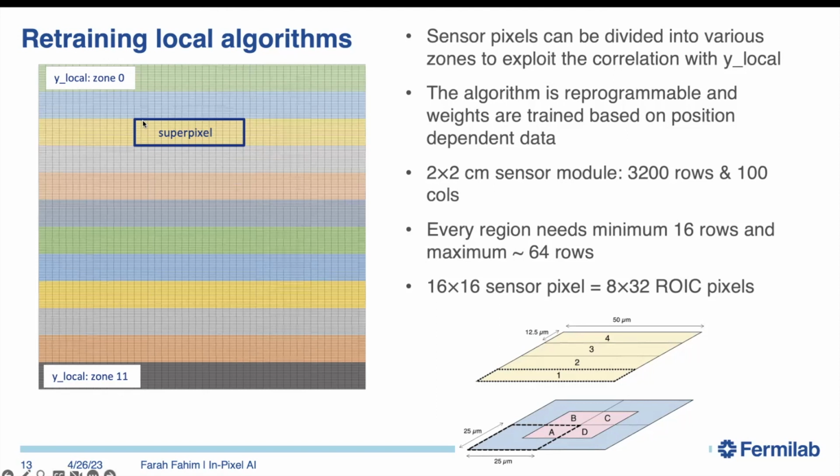If I take this 16 by 16 region, this is what a superpixel looks like, and my superpixel is where I'm looking for the cluster shapes. So one algorithm is deployed in every 16 by 16 region.